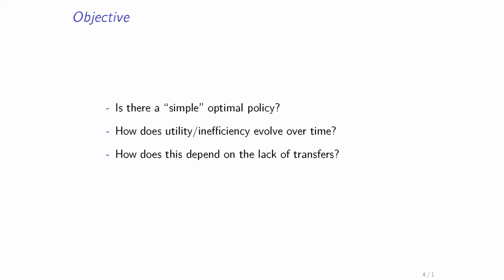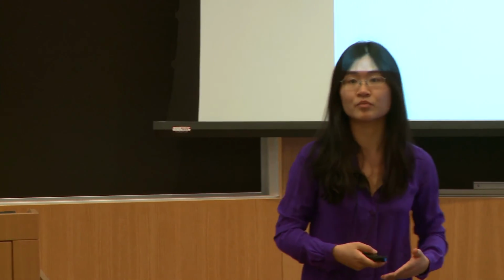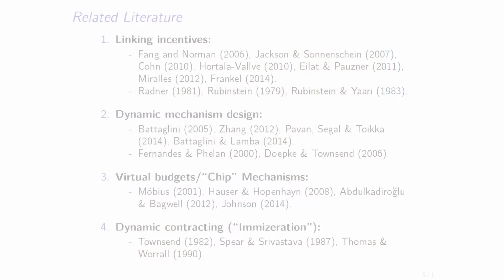And how does this optimal policy depend on the lack of transfers? In other words, in the end, we want to compare the dynamics and the optimal policy with transfers and the dynamics and the optimal policy without transfers, to see the role of transfers in this kind of dynamic mechanism design problem. Okay, these are the three questions we will answer, hopefully by the end of this talk.